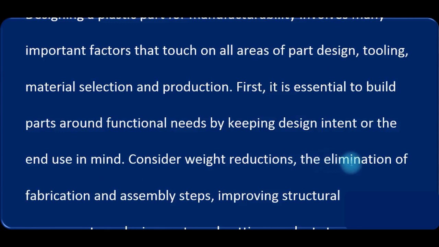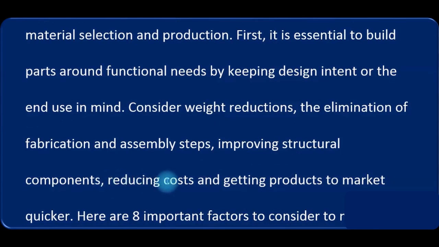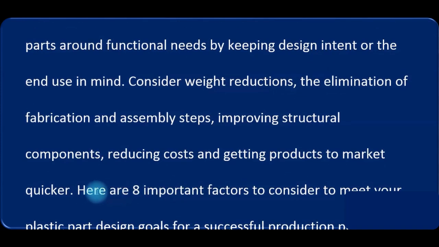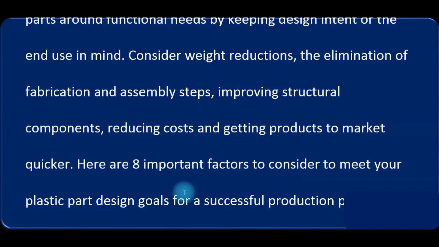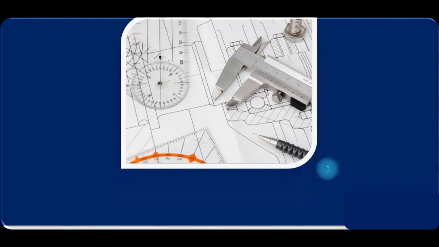Consider weight reduction and the elimination of fabrication and assembly steps, improving structural components, reducing cost, and getting the product to market quicker. Here are some important factors to be considered to meet your plastic part design goal for a successful production process.